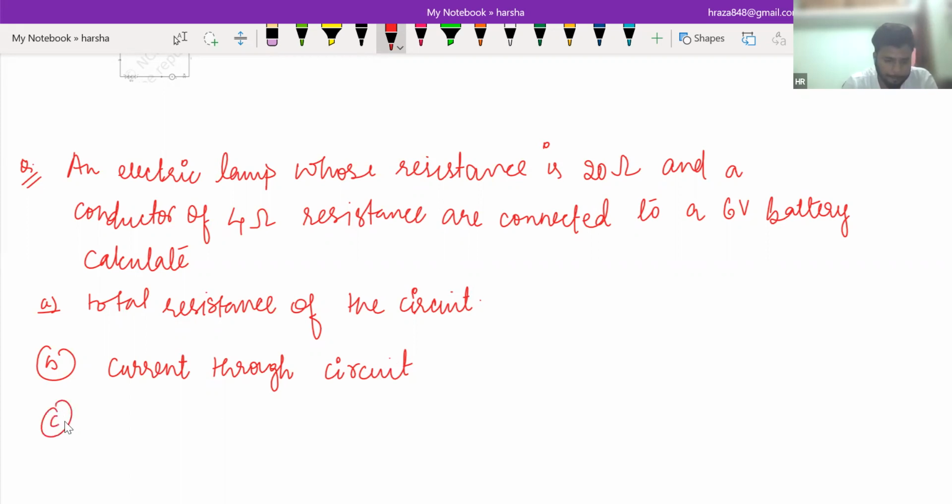And C, the total resistance, that is what? Okay. A, B, find the value of A and B.